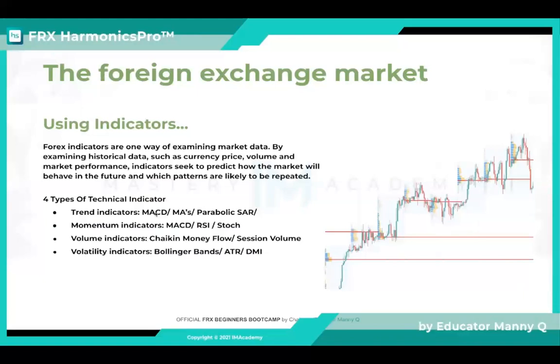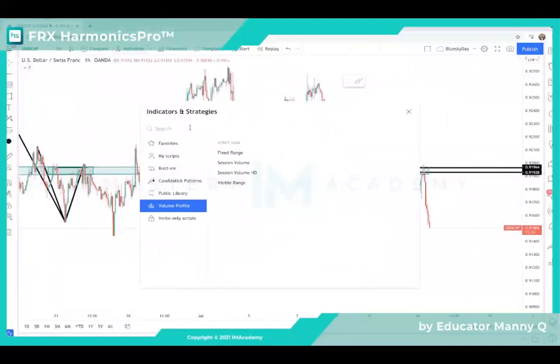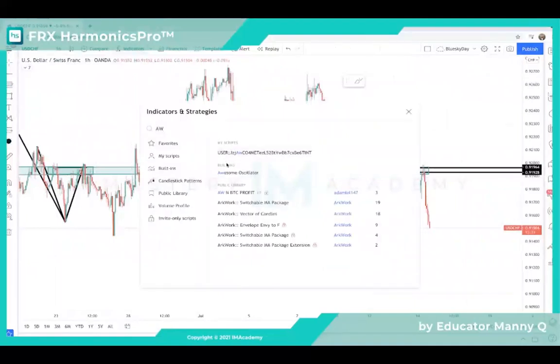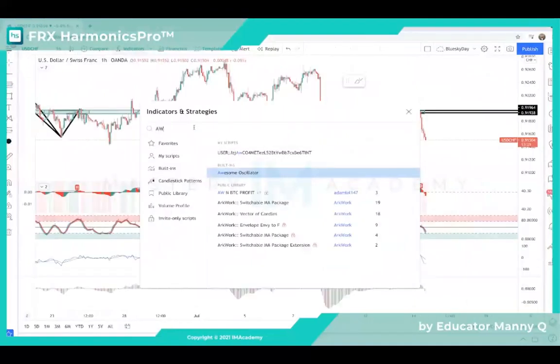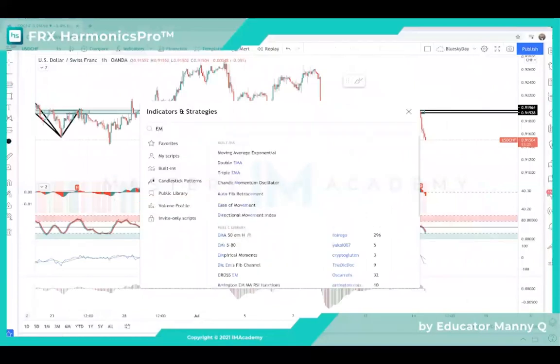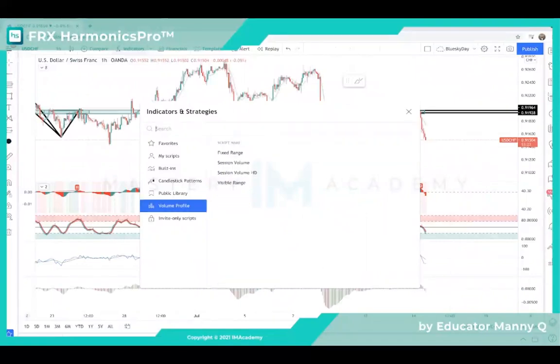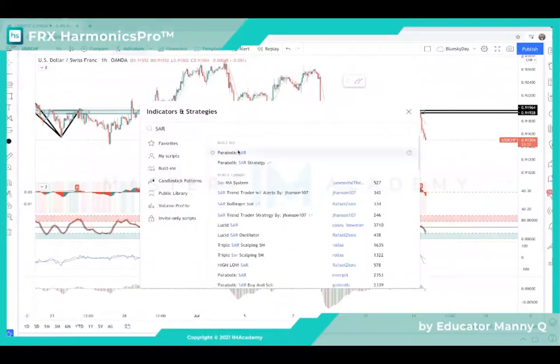below the MACD, right? So let me see if I can start to just simply add. Let's come over here. Let's look at the awesome oscillator. Let's look for an EMA or a moving average. Okay, and then let's also look for a parabolic SAR.